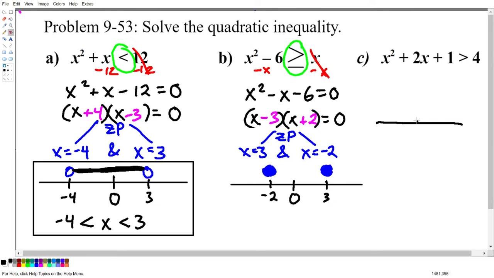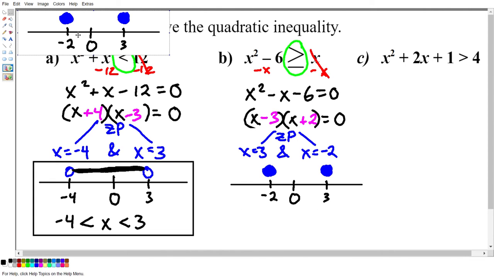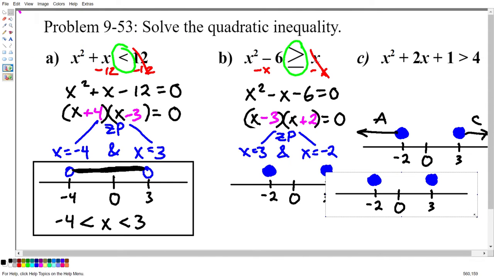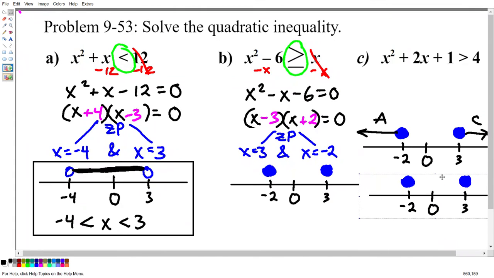Now, what I want to do next is see if my solution is going to be in region A and region C, or if my answer is going to be looking like this, in region B. These are the only two possibilities.